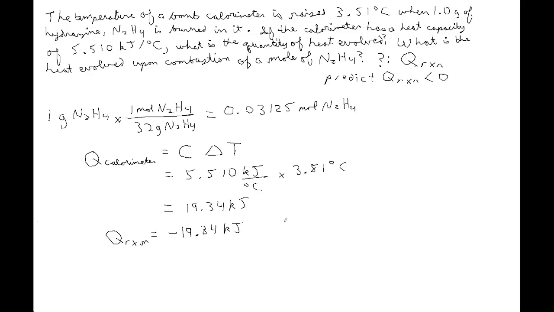Now the heat of combustion, when you combust 1 mole of hydrazine, I was thinking we actually need to know the heat of combustion for hydrazine. So we do have Q reaction, but I guess that would be it for 1 mole. So I guess my final answer is negative 19.34 kilojoules.